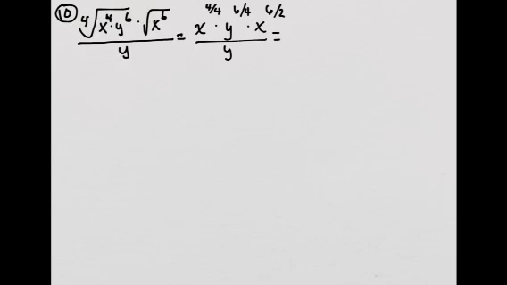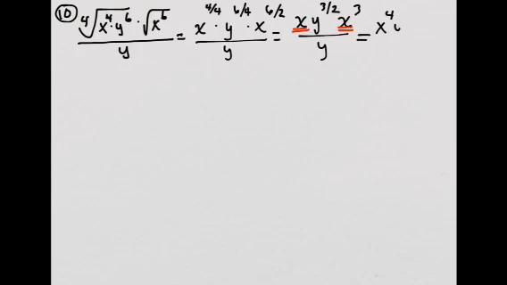So the first one is x, then y to the 3/2, then x cubed over y. So I'm going to combine this one and this one because they're both x's. So that's going to give me x to the 4th.